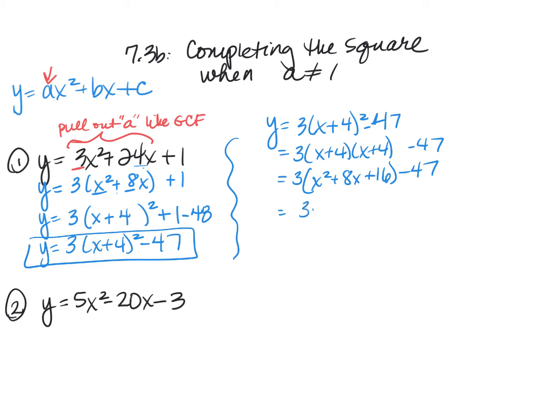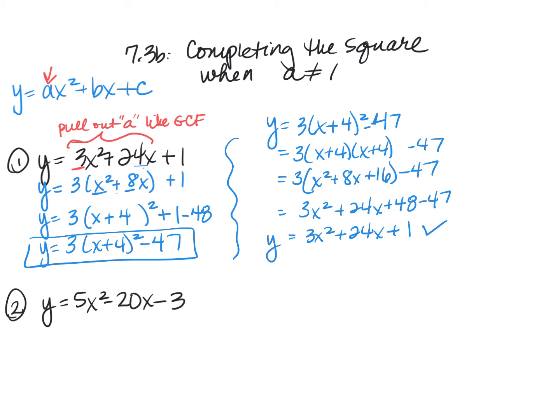Distribute by 3: 3x squared plus 24x plus 48 minus 47. Clean it up. 24x. 48 minus 47 is just 1. Did I get back to the original? I did. Yay, we got it.